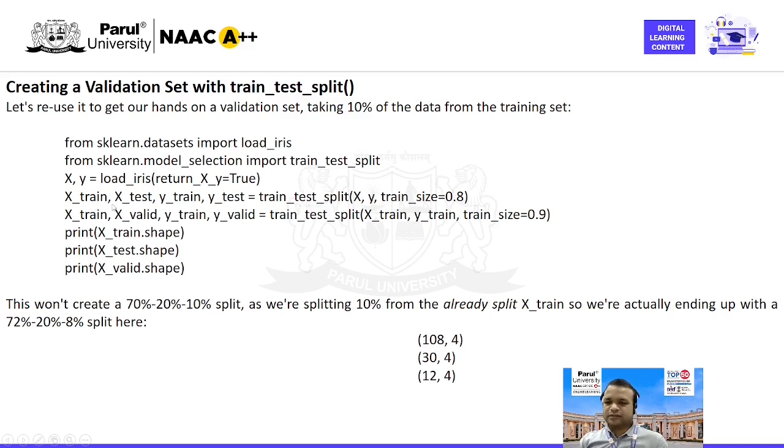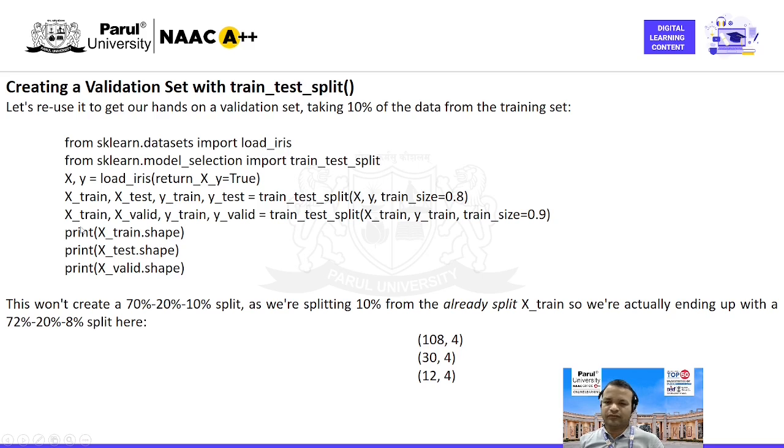Next is X train, X test, Y train, Y test equals train_test_split on X comma Y, the features and label, and train size equals 0.8. That means 80% of the data we use for the training here.